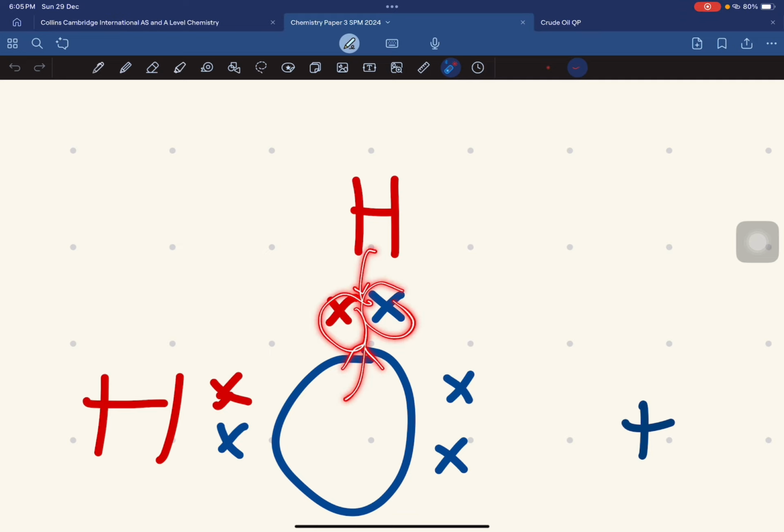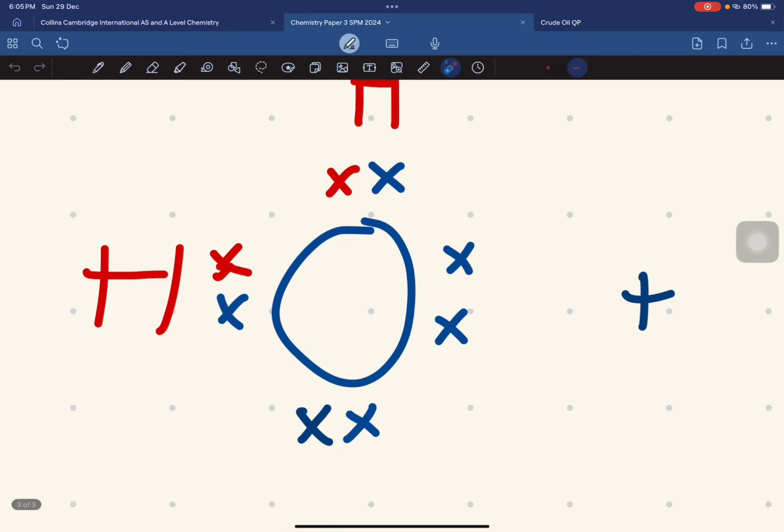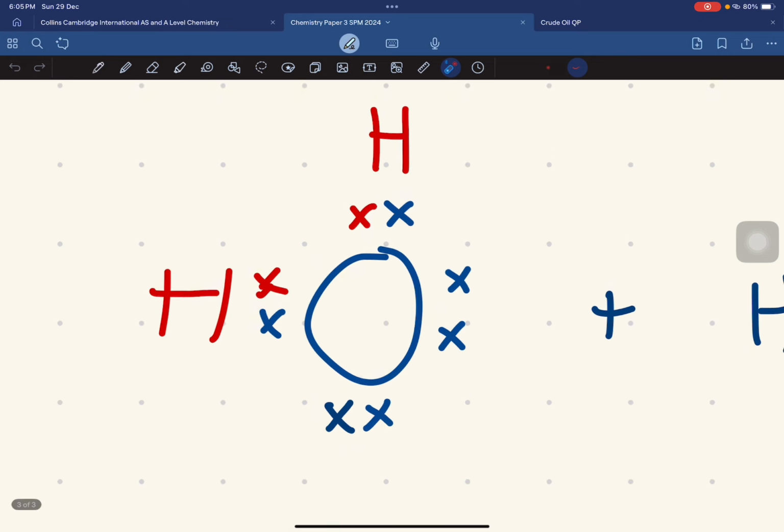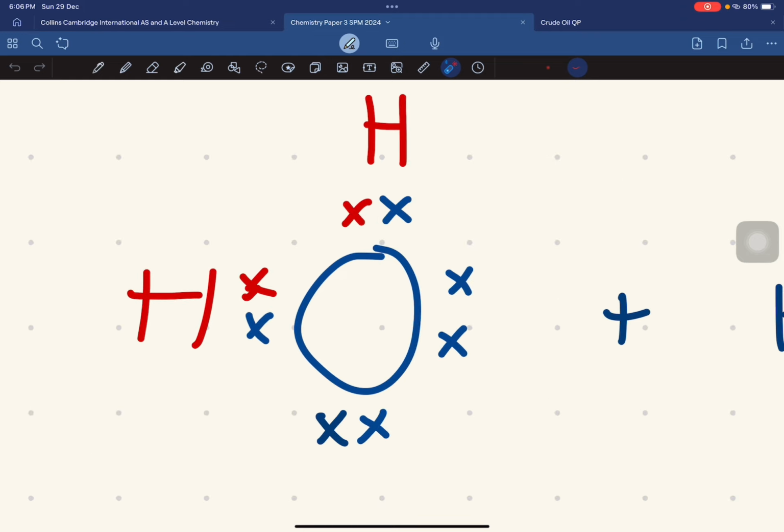So therefore, this is a covalent bond. Looking at this structure, we can see that now we are left with two lone pairs of electrons. So from this we know that a water molecule has two lone pairs of electrons.